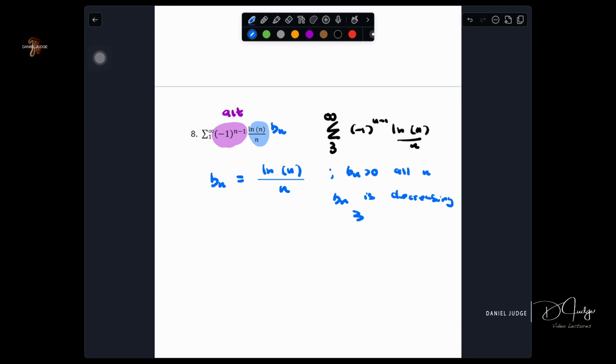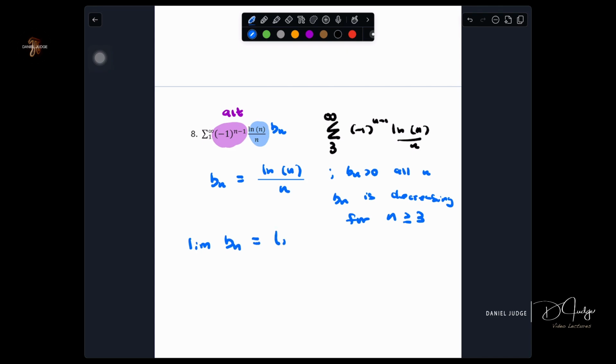So from 3, n equals 3. Okay, and it turns out that's going to be good enough because we really don't care about the first two terms. They're finite, so an infinite value plus a finite will still be infinite, and finite plus finite is finite, so we're still okay. Just want to point that out to you.